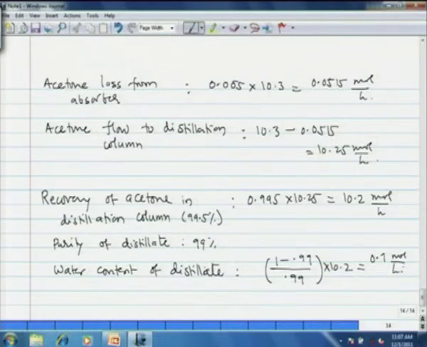So, you can see that out of 1943 moles of water that are fed to the distillation column, only 0.1 mole ends up in distillate, which is negligibly small.